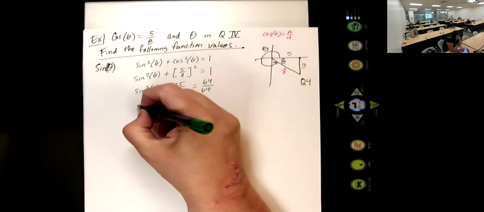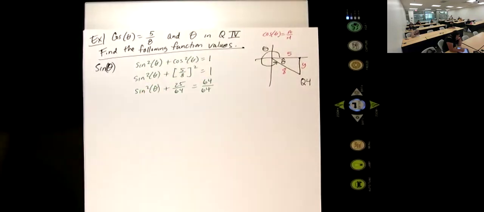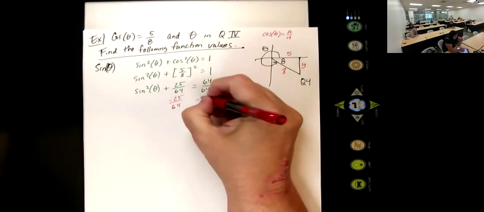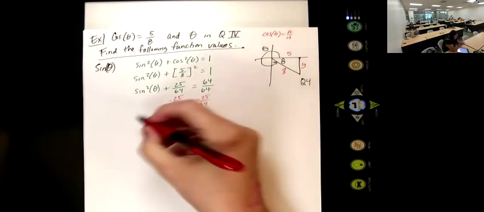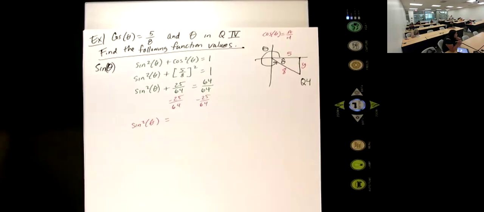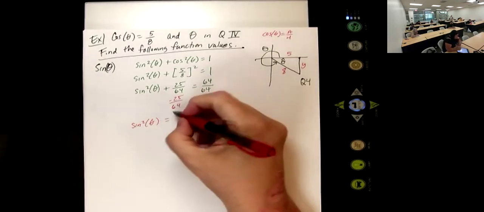So if I subtract 25/64 from both sides, I get sine squared theta equals 64 minus 25, which is 39 on top.